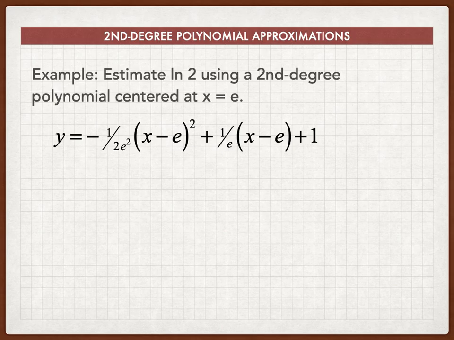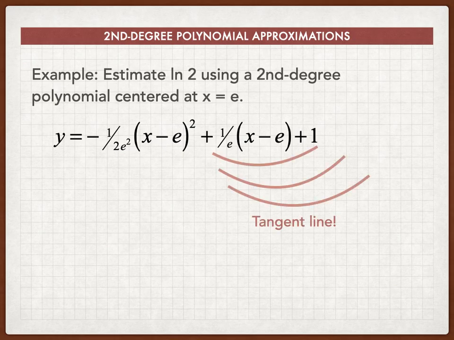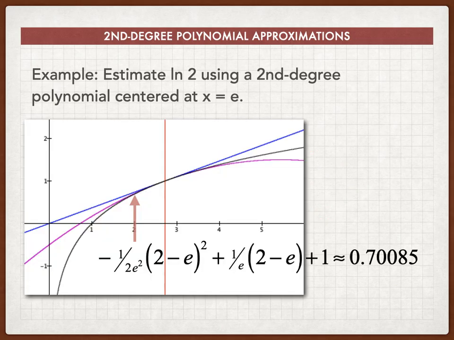The second degree polynomial becomes, wait, our tangent line is still there. We have one new term and the tangent line we had before. Let's take a look at the new graph. Look how much closer the pink curve is to ln x.